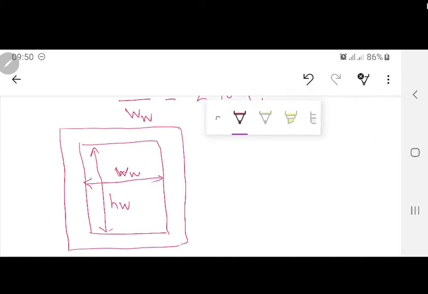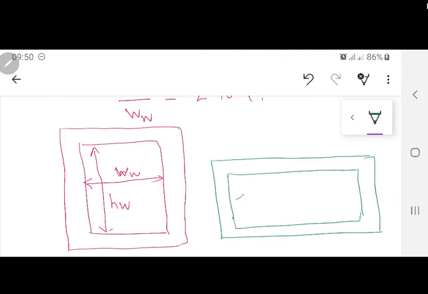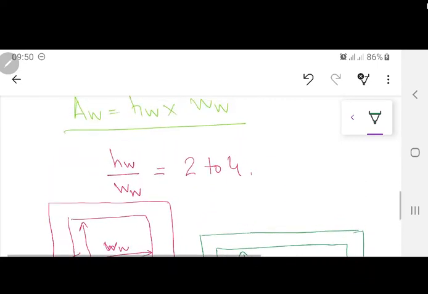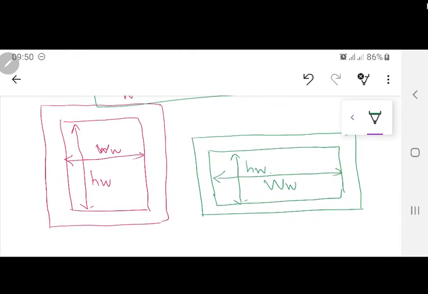Another case, in which I have another transformer where I am making it more width-wise. Here the width is very large and the height is small. I am just exploring what is the advantage and disadvantage of each of these two types.